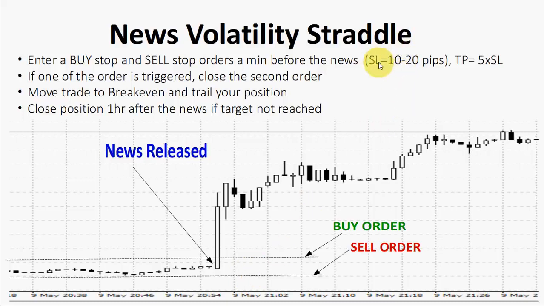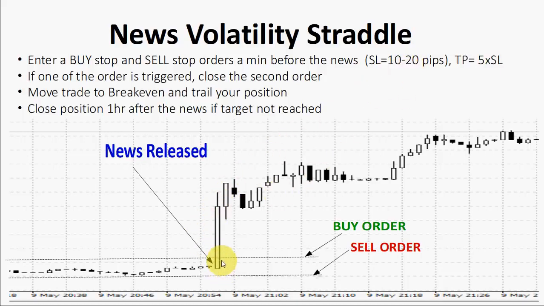Stop loss could be 10 to 20 pips. Actually, use the difference between these two orders as your stop loss. So the sell is the stop loss for the buy, and the buy is the stop loss for the sell. So it means you have actually hedged these two orders. Okay, so when the news is released, one of the orders will be taken, and then you set your profit target at 5 multiplied by your initial stop loss.